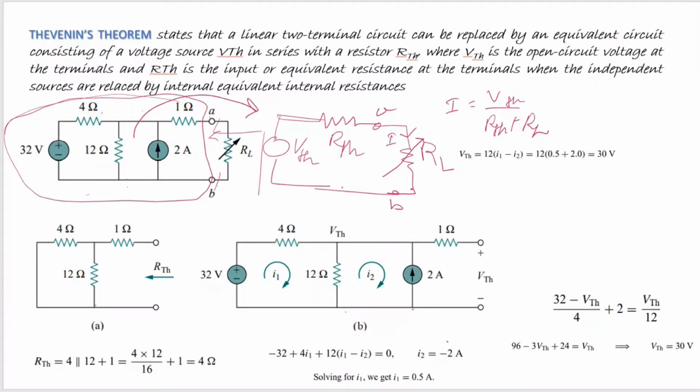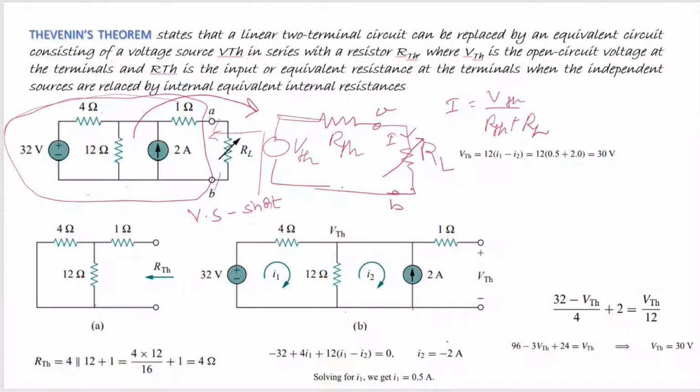Now, how to find VTH and how to find RTH? For RTH, a voltage source should be replaced with a short circuit, and a current source should be replaced with an open circuit.